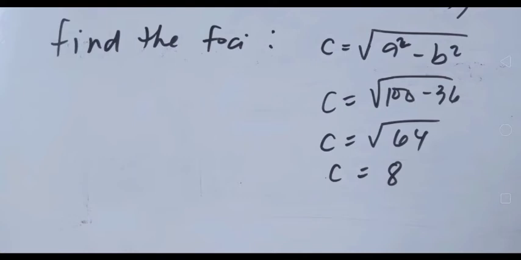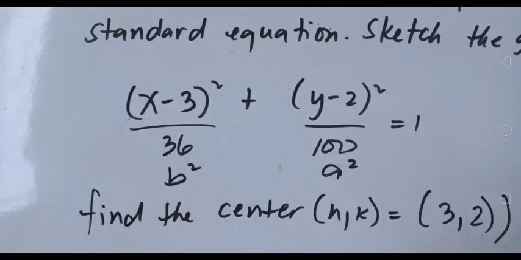We will now substitute that in the formula for the foci. c is equal to the square root of a squared, that is 100, minus b squared, which is 36. So c is equal to the square root of 64, and c is equal to 8.